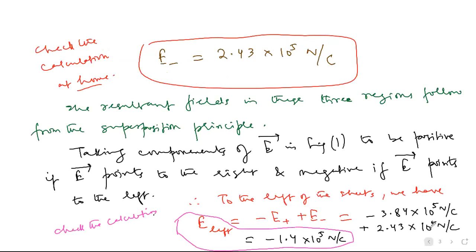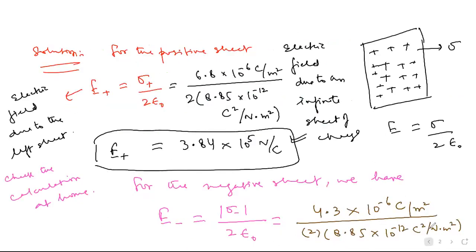Now, to the right of the sheets, the electric field has the same magnitude. As you can see, let me write it. We have to the right of the sheet E right, that is here.